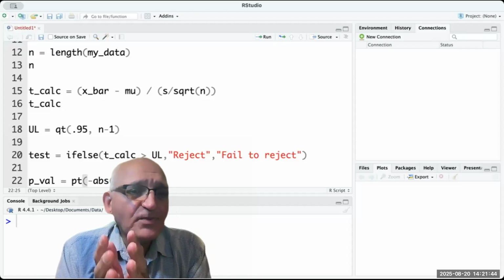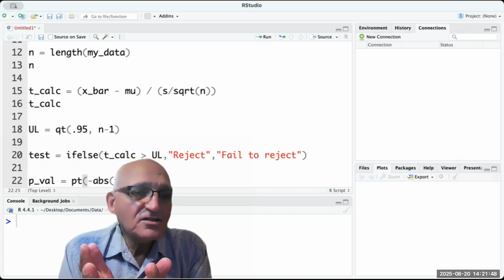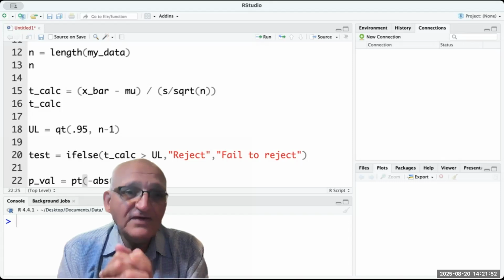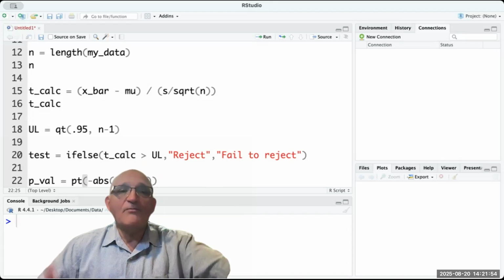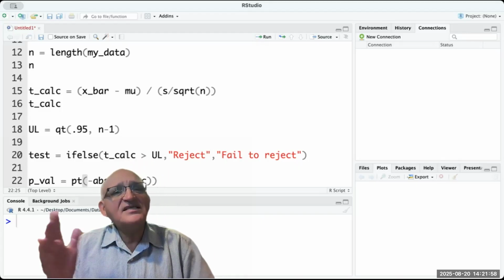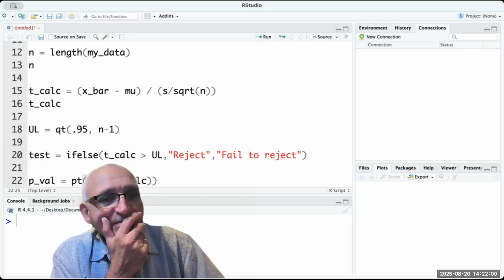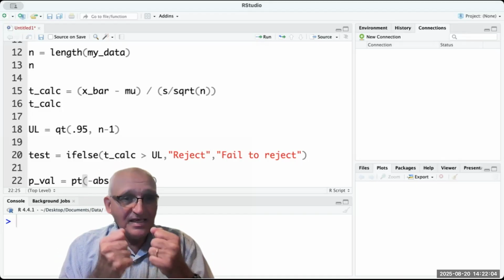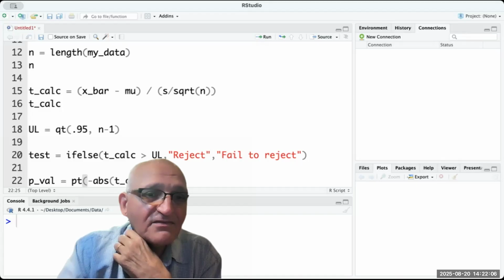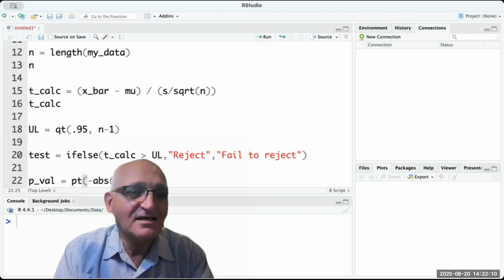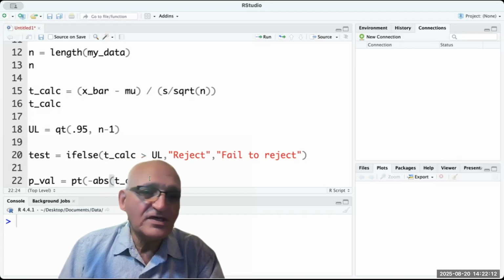Meaning if t-calc is positive, it doesn't harm to say absolute value, right? If my t-calc is 1.2, I multiply by negative. But what if my t-calc was negative already and I don't know that? So to guarantee my value here would be negative, I take the absolute value, make it positive, and then multiply it by negative again. Okay, so it works for both cases.